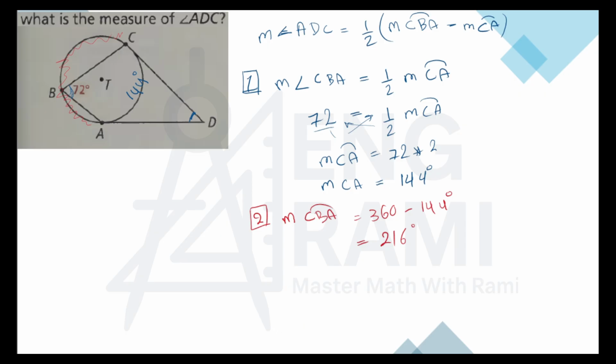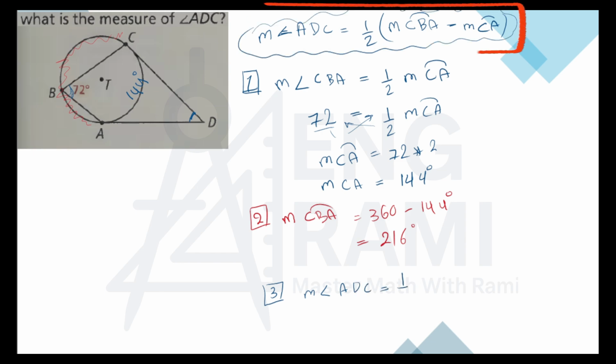The last step, the measure of angle ADC, which is required, equals half of the measure of the large arc CBA, 216, minus the measure of CA, which equals 144. The answer is 36 degrees. So this angle outside the circle equals 36 degrees.